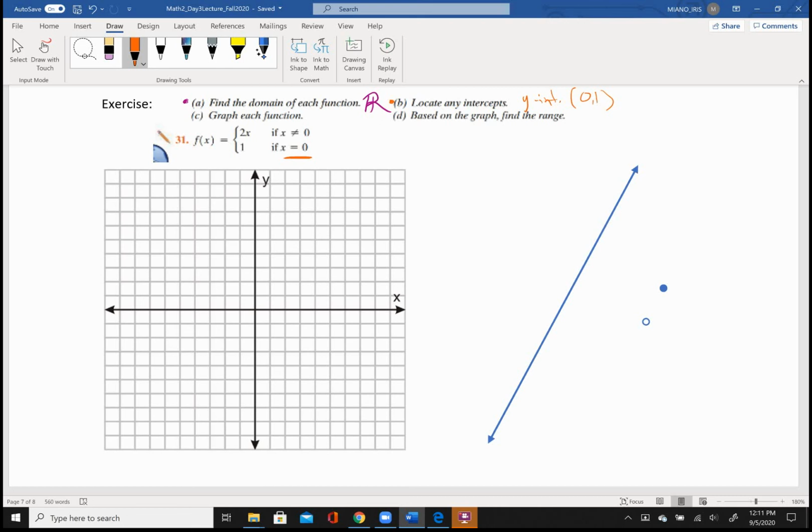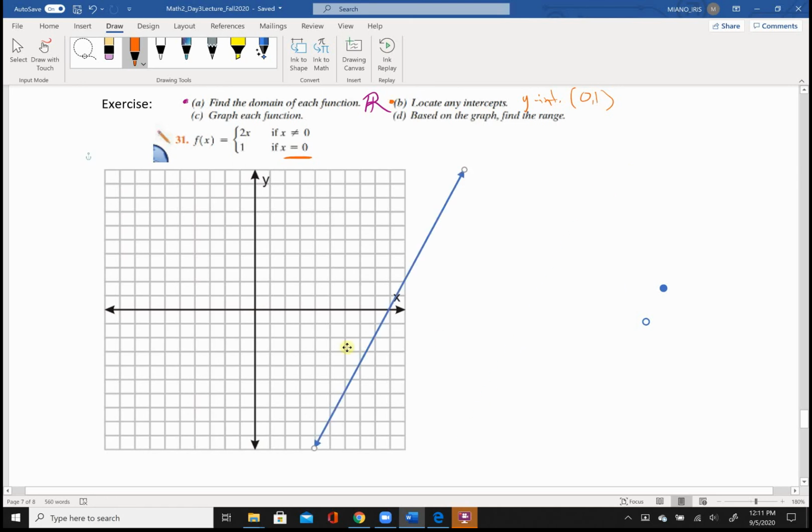And then we're going to graph this function. So I cheated a little bit and came up with the line that has a slope of 2, and it's going to go through the origin. So this is just your regular run-of-the-mill y equals 2x, or f of x equals 2x. But remember, when x equals 0, which is right here, we actually do not have a value.